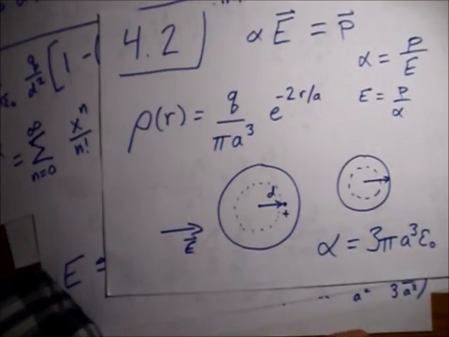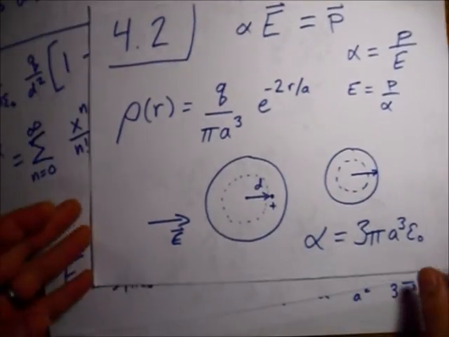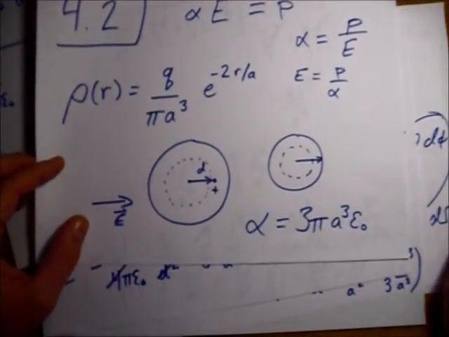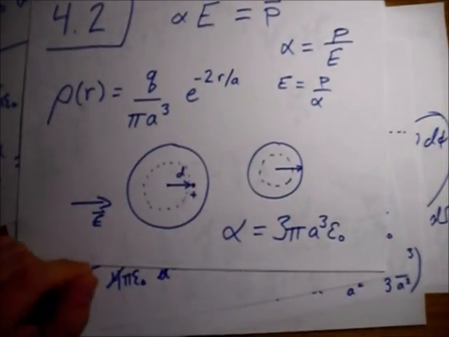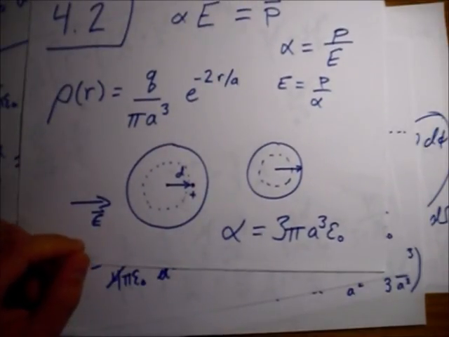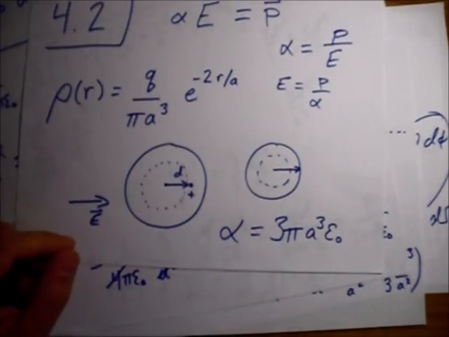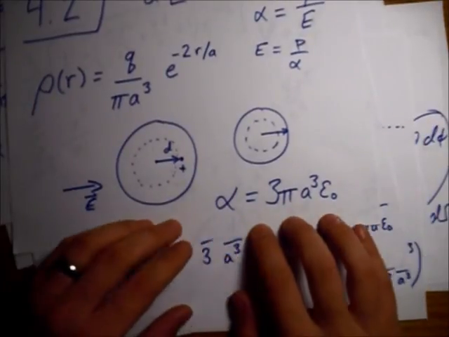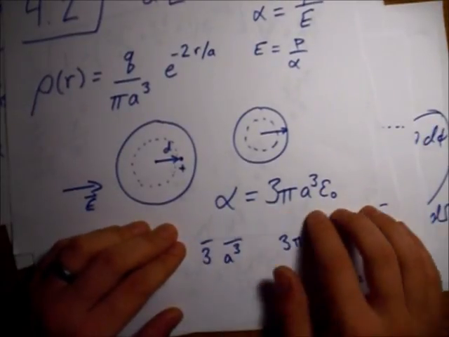And again, all of this was only to get a theoretical prediction or approximation for the polarizability of the hydrogen atom, which, as the book says, we get within a factor of 4 or something like that. So it's not great, but it's pretty good, I guess. So anyway, all that work for such a simple little answer.